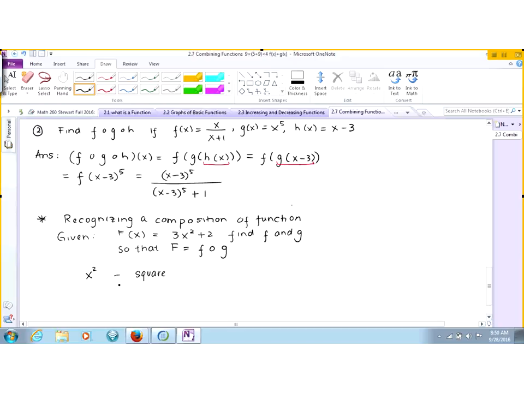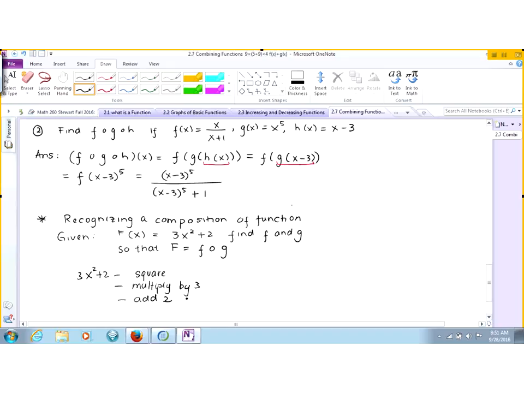what do we do? Multiply by 3. Okay, good. And then add 2. All right. So there are actually 3 operations. You start with x, you square it, and then you multiply by 3, and then add 2 to it.